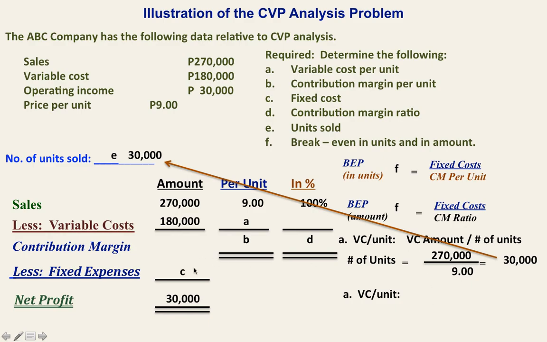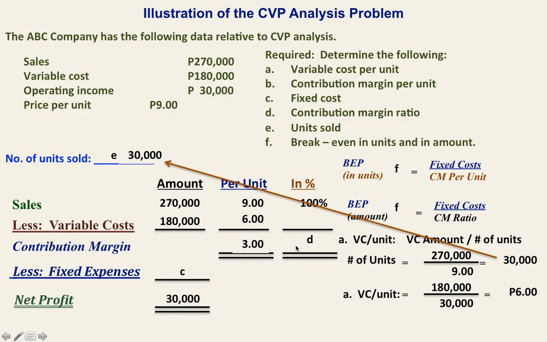The variable cost amount is 180,000 divided by 30,000, you will get 6 pesos per unit. Now it's easier for you to compute this because you just have to deduct 6 from 9, which will give you 3 pesos.